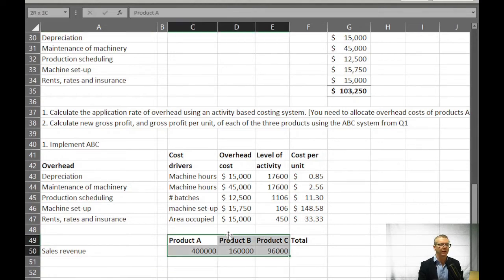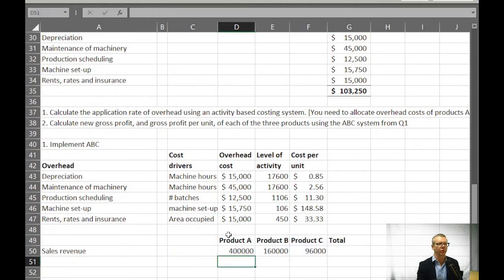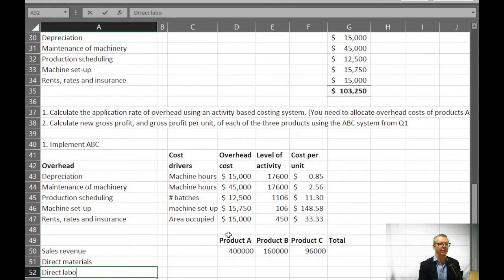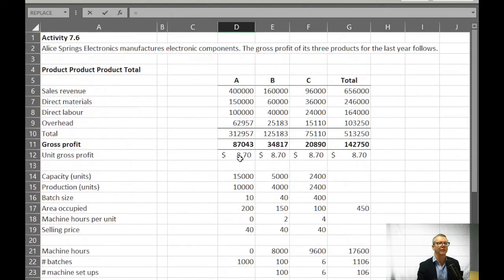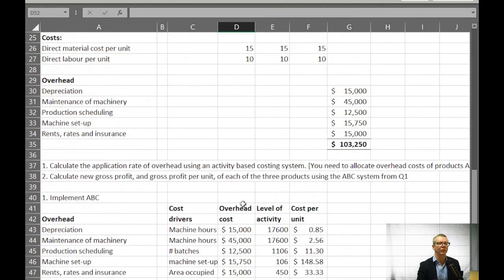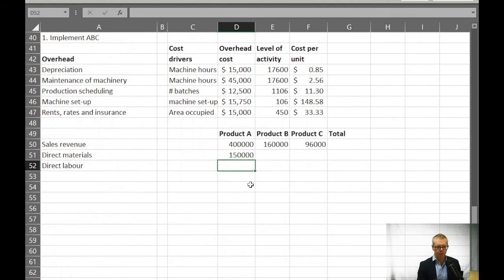In fact, let me move that across so that it's consistent. Again, the direct materials and the direct labor aren't going to vary based on the way in which we apply our overhead.